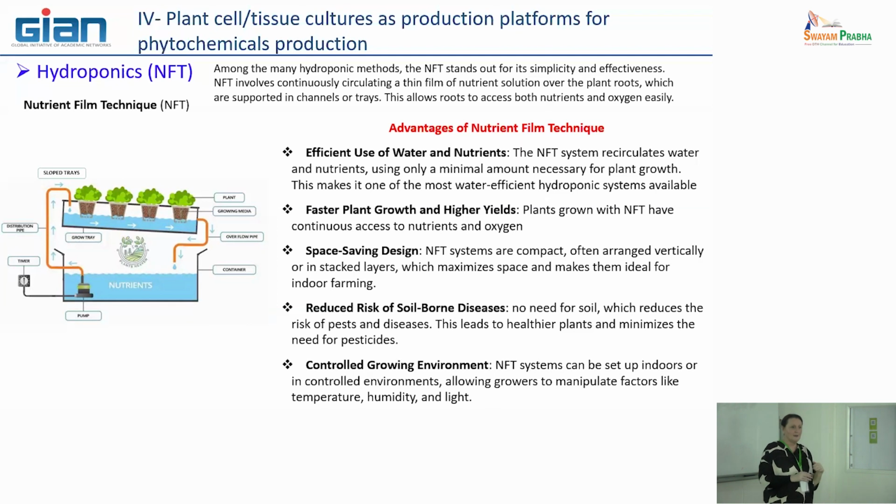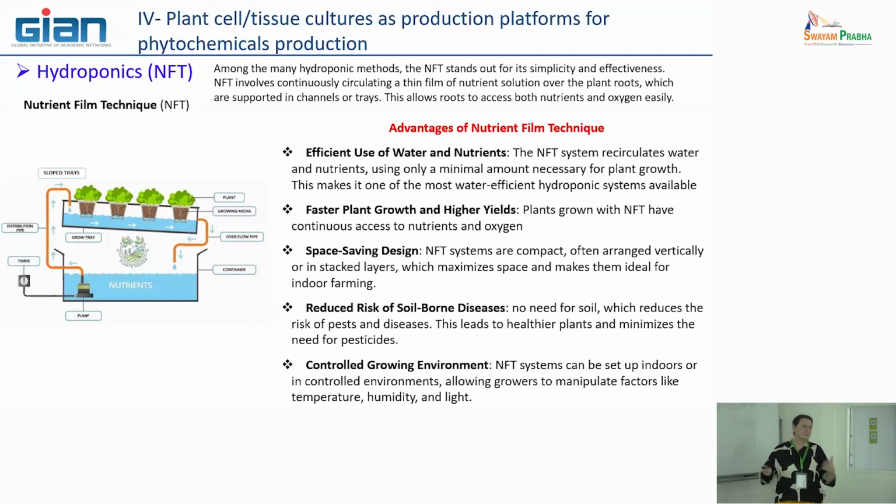So you may construct a building with this type of system of culture. It is quite interesting to organize, and so you can maximize space, and you can make them ideal for what we call indoor farming. This is very interesting.